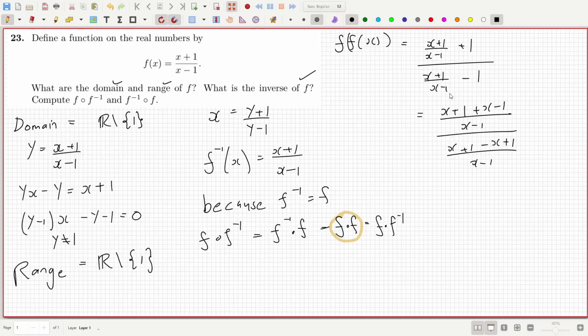Do I have that right now? Well, they cancel. So on the top, you get 2x, and then on the bottom you get 2, which equals x, and so f inverse composed with f is equal to the identity function. Yeah, so that all checks out just fine to me.